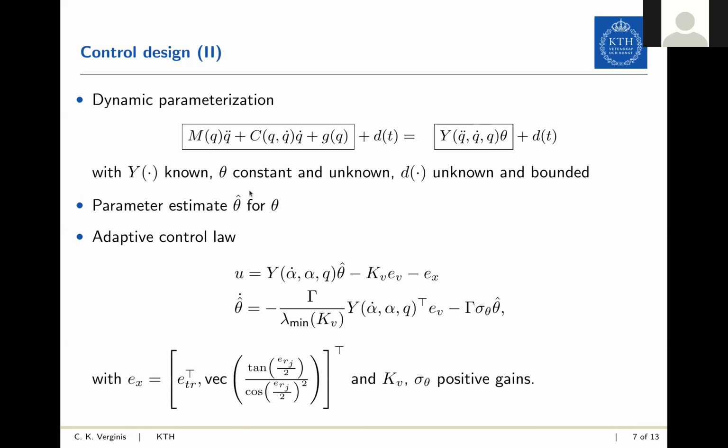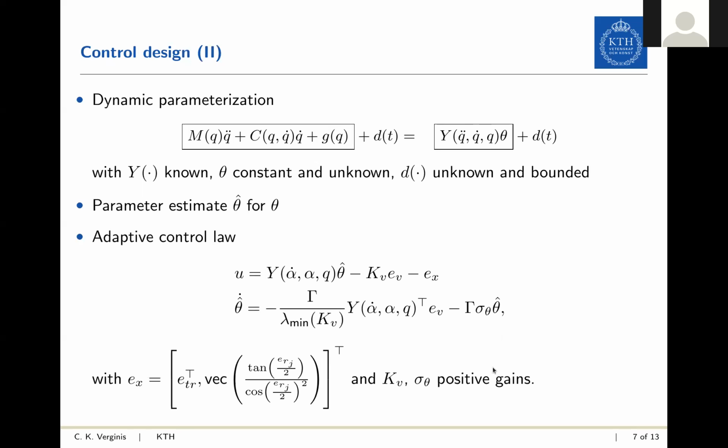Since we have the parameter estimate theta hat, we need to describe how it evolves over time, and this is done by the second equation here. It's the derivative of the estimate, and it's similar to a gradient algorithm. So it's minus this regression matrix times the error minus theta hat itself. We use again constant positive gains like gamma and sigma theta, and lambda min here denotes the minimum eigenvalue of this matrix.